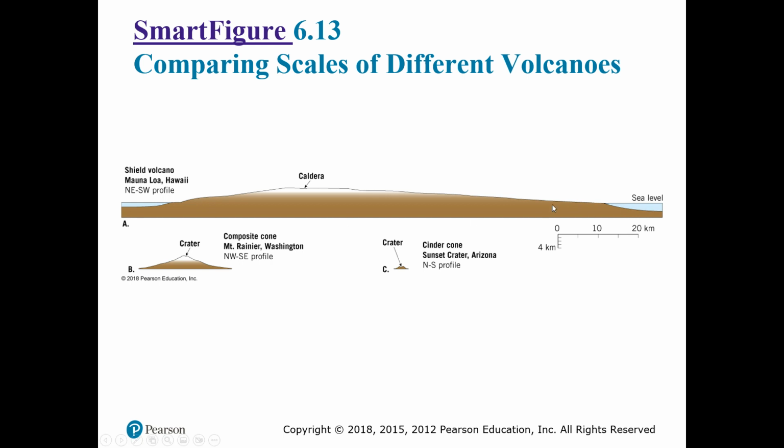That's this whole volcano here, versus our composite cone, Mount Rainier, that's in the Cascades, just like Mount St. Helens, and our cinder cone in Arizona, the smallest of the three types.